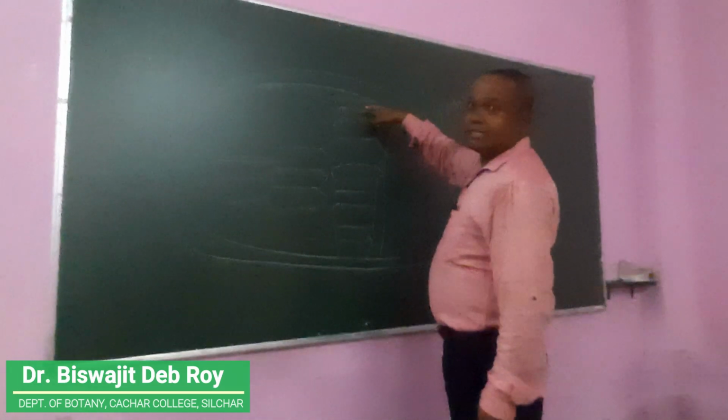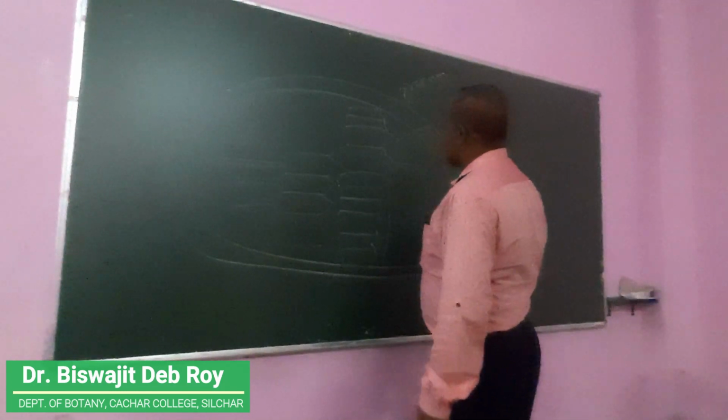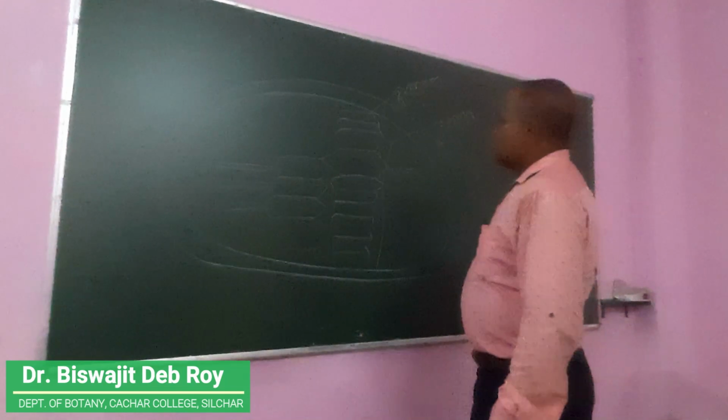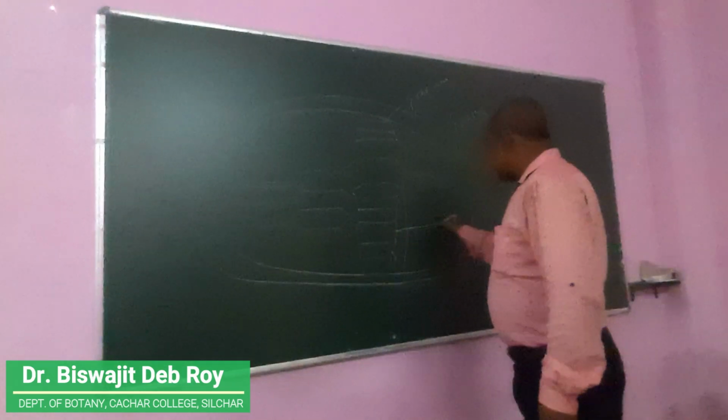An individual stack is called a granum. And the membrane of the grana and granum is called the thylakoid.